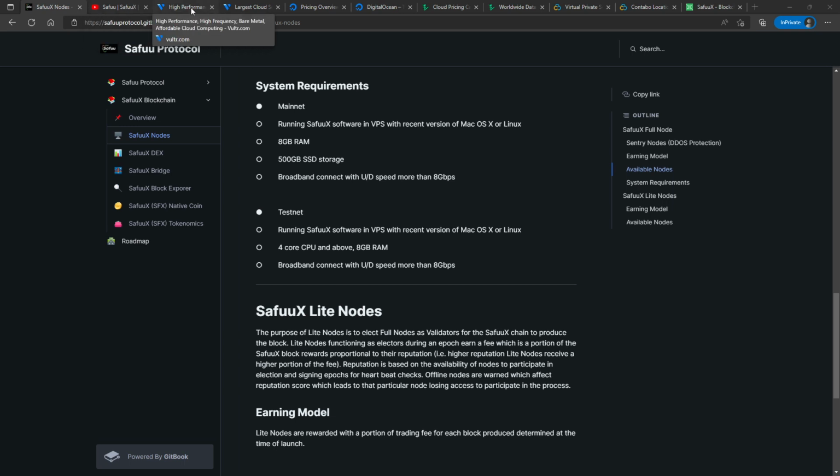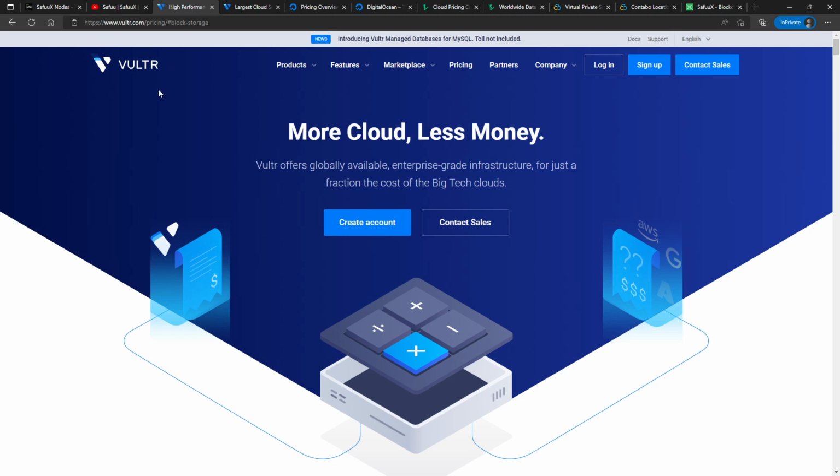In saying that, I looked at 4 for this video. The first one was Vultr. With each of the 4, I looked at really just 2 things: cost per month and where their data centers are located in the world. So with those 2 pieces of information on the 4, let's start with Vultr.